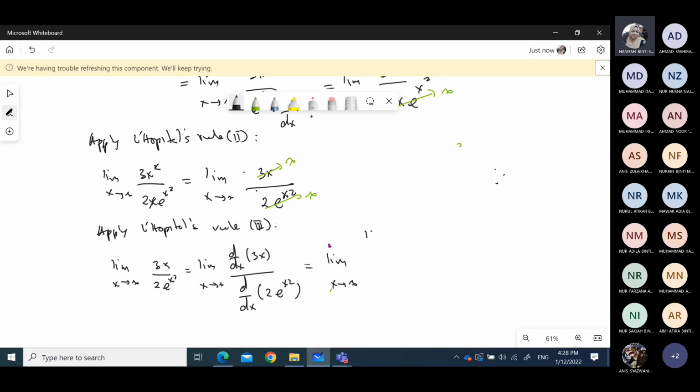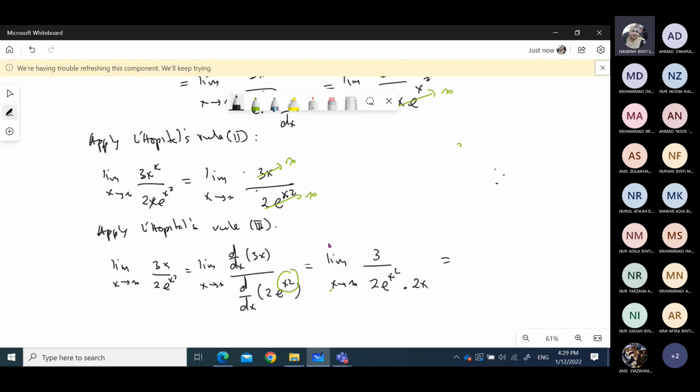The derivative of 3x is 3 over, and for this one you differentiate 2 exponent x squared multiplied by the derivative of x squared, which is 2x.